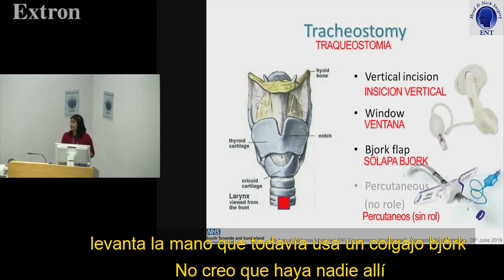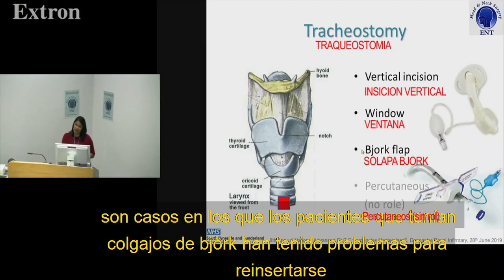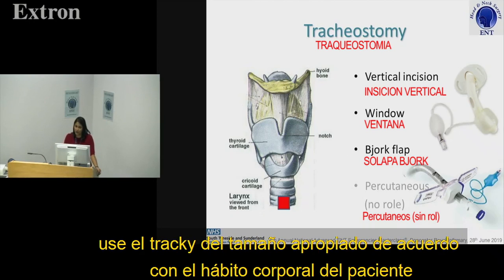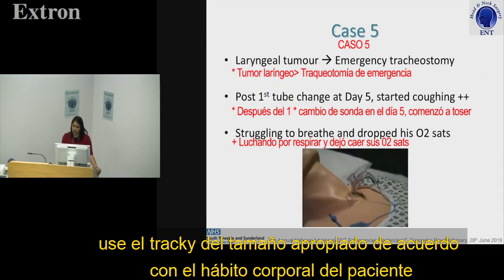I don't think anyone is. There are cases where patients who've had Bjork flaps have had problems with reinserting the tracheostomy tube, so most people are not using them anymore. And use the appropriate size tracheostomy tube according to the patient's body habitus.